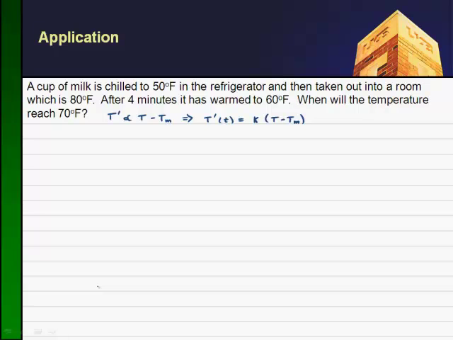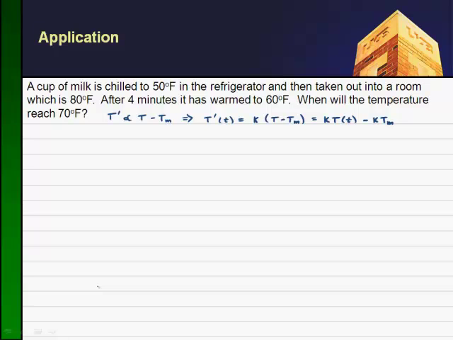If I distribute the k, I get kT, with the time dependence T of t, minus kTm. Any one of these would be a valid treatment of Newton's law of heating or cooling.